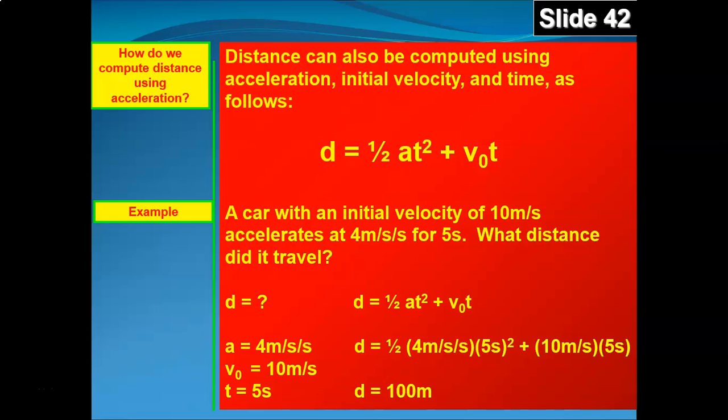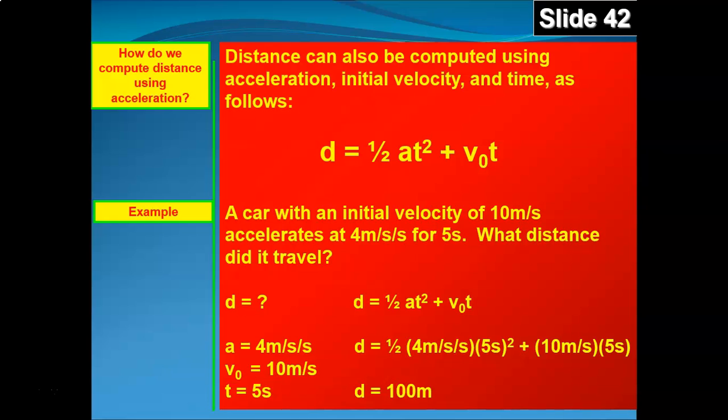Okay, distance can also be computed using acceleration, initial velocity, and time as follows. So distance equals 1/2 at squared plus v0t. So a car with an initial velocity of 10 meters per second accelerates at 4 meters per second squared for 5 seconds. What distance did it travel? So there's the formula.